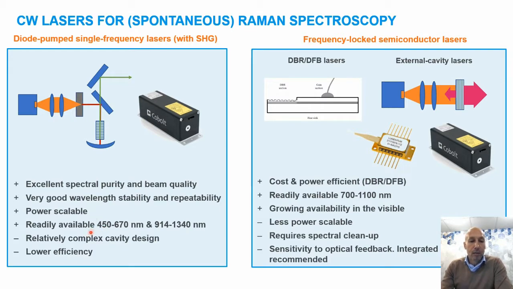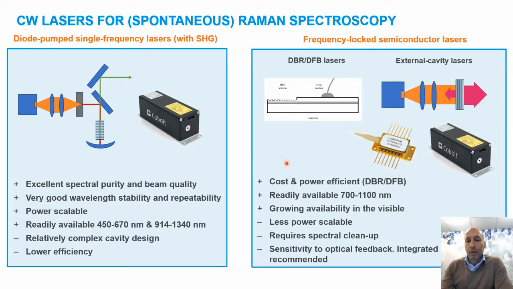They have become more and more readily available across the visible wavelength range, from the blue up to deep red, and also in the near infrared from 900 to 1300 nanometers. However, the cavity design is a little more complex for these lasers, which means that they have somewhat lower efficiency and are a little more bulky.